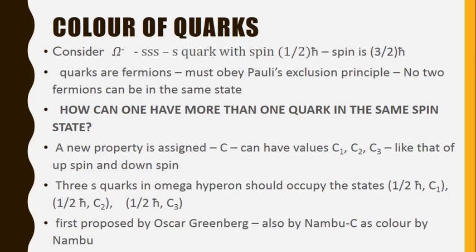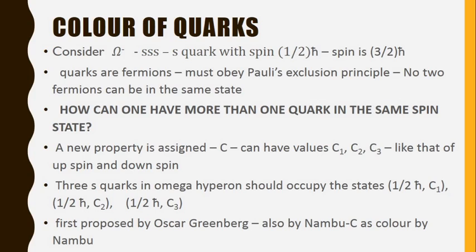In order to solve this problem, a new property is assigned, given by C, and C can have values C1, C2, C3. See, we had solved Pauli's exclusion principle for the electron with the help of spin, isn't it? An electron can have two spin states, spin up or spin down, so that no two electrons will be in the same state.